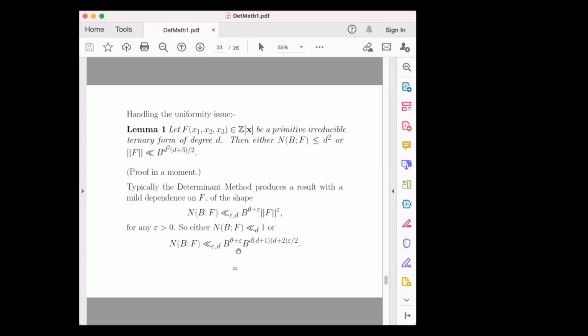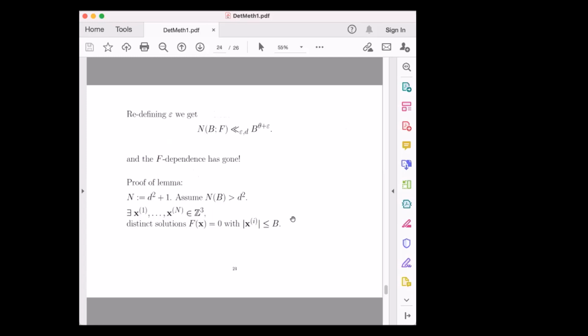So we have B to the theta plus some multiple of epsilon. So if you just replace epsilon by a suitably small multiple of epsilon, you get B to the theta plus epsilon.